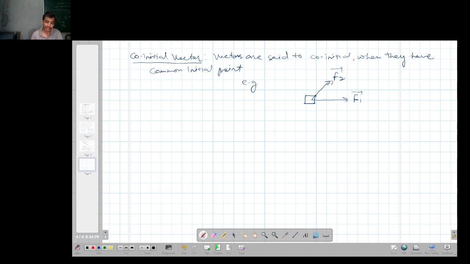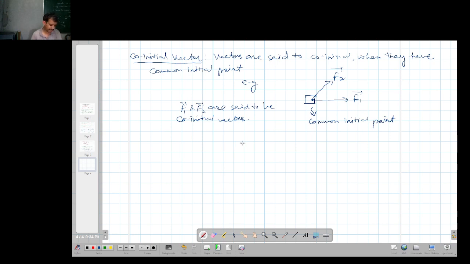Then these two forces, or force vectors, F1 and F2, are said to be co-initial vectors, right? And this point at which these two forces are acting is known as the common initial point.